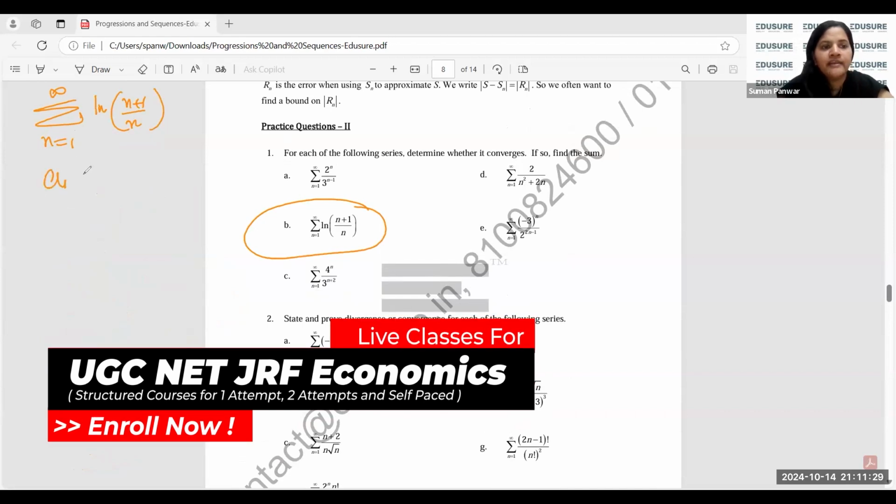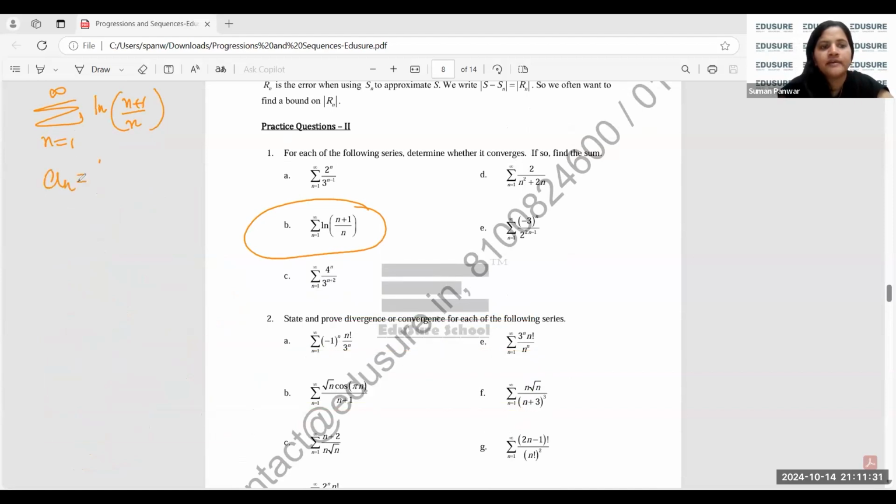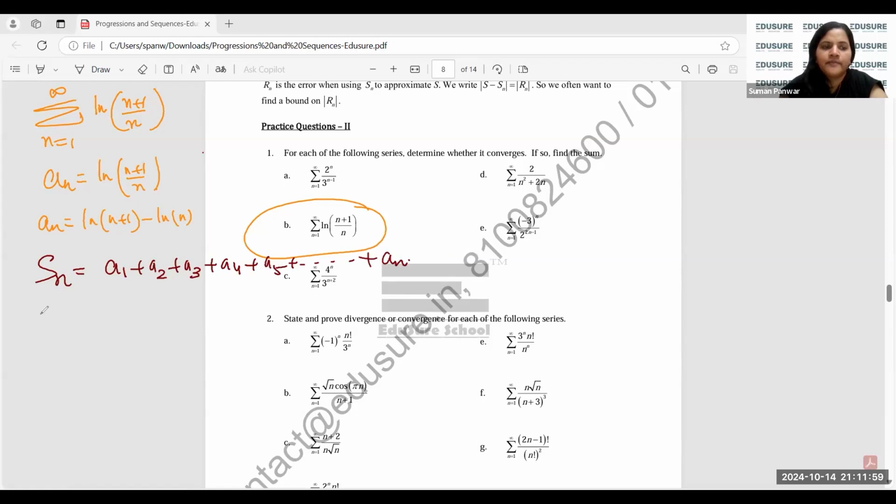So if you look at an, okay, this series requires some smart work. Okay, so this is my an. So if I look at Sn, what is Sn? A1 plus A2 plus A3 plus A4 plus A5 up to An. Okay, the sequence of partial sums. So if you look at this, let's see how it looks like.